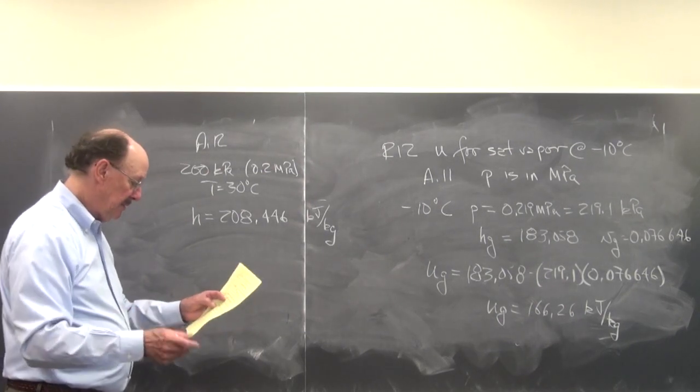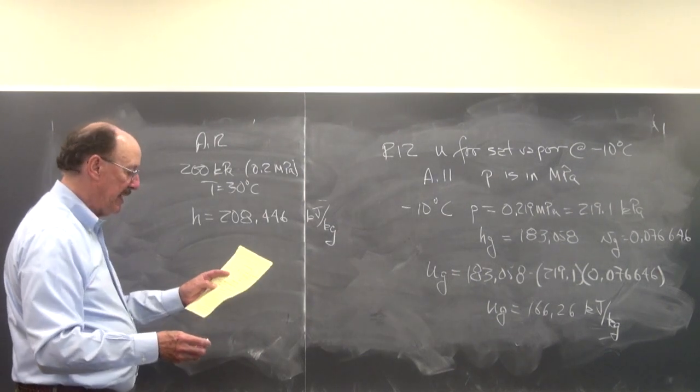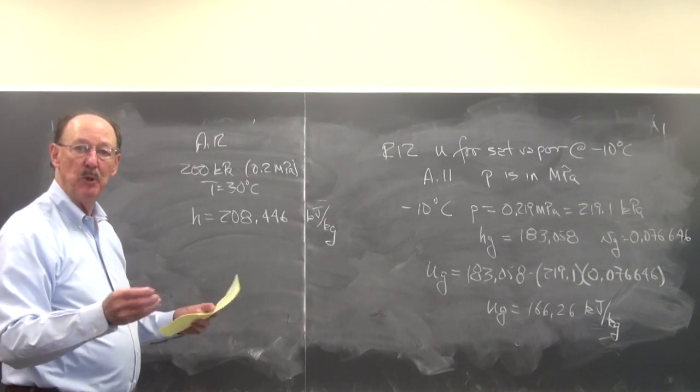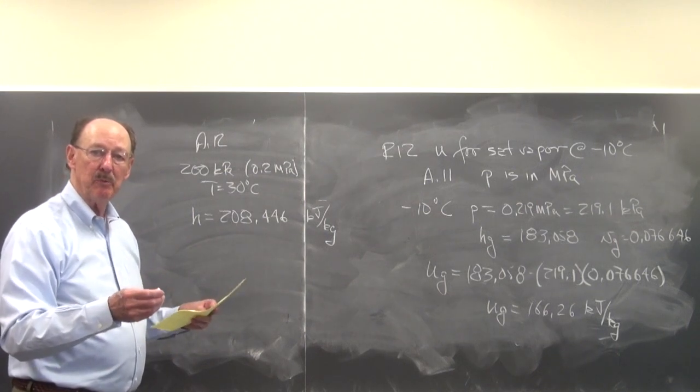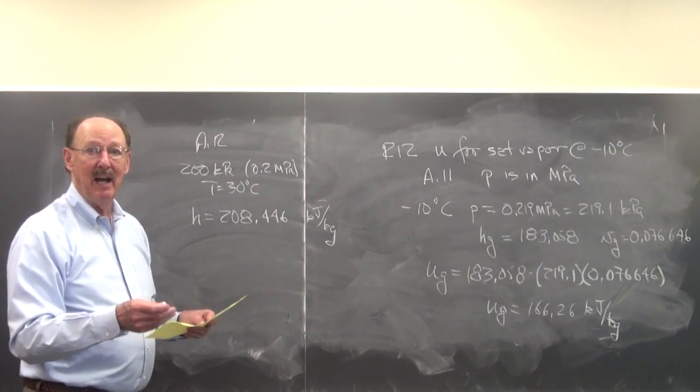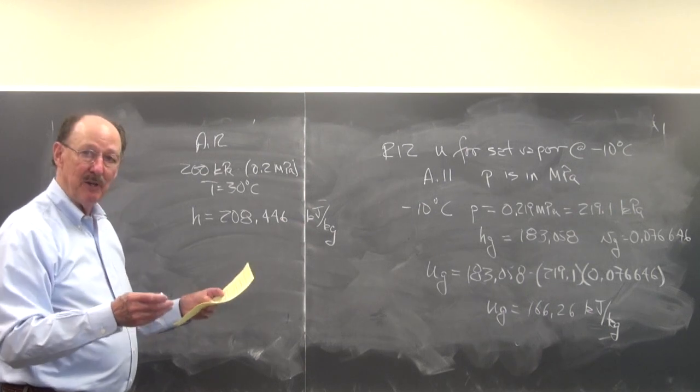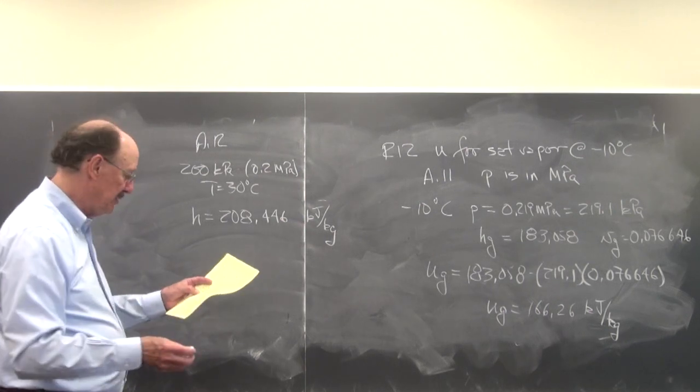Let's examine the difference between h_fg at minus 30 degrees C between ammonia and R12. You'll just see why ammonia is a very popular refrigerant. It's still used today. I obviously don't want to breathe it, but it has very nice properties, thermodynamically speaking.